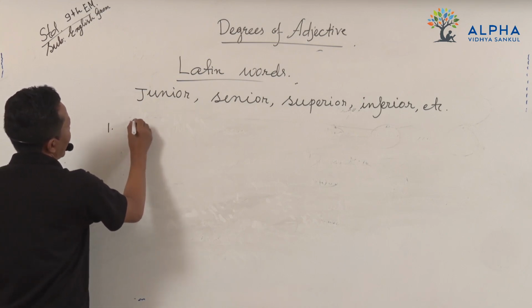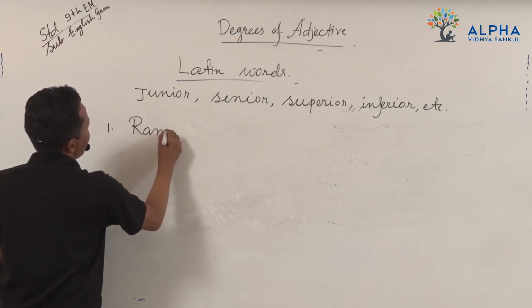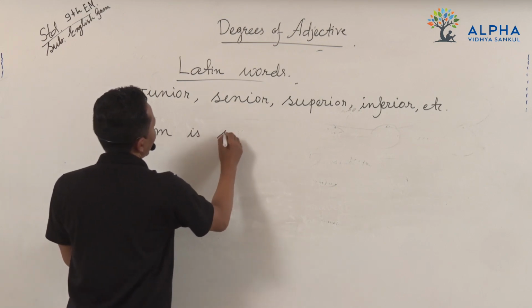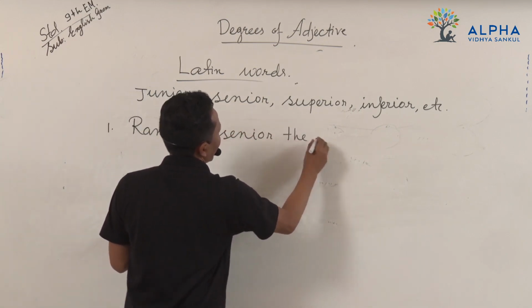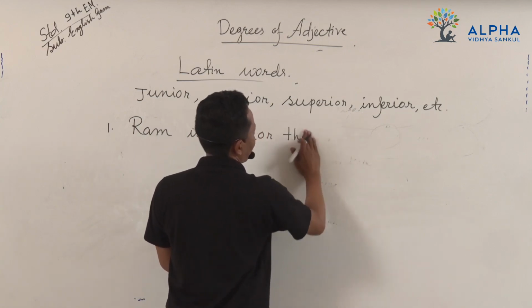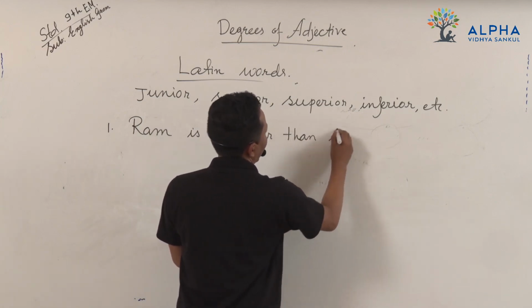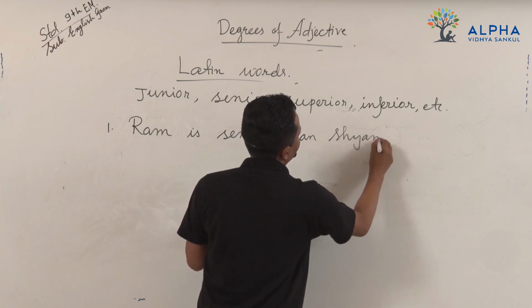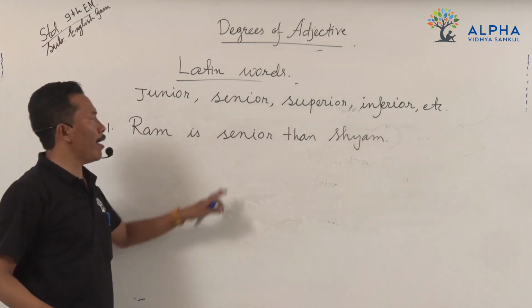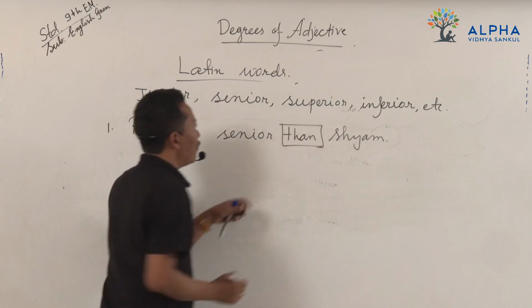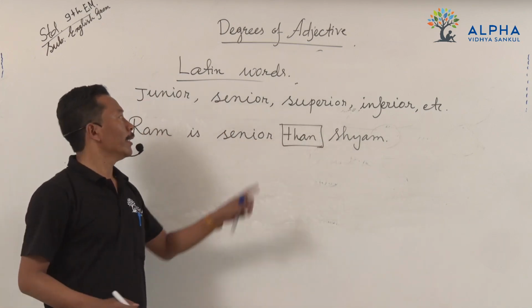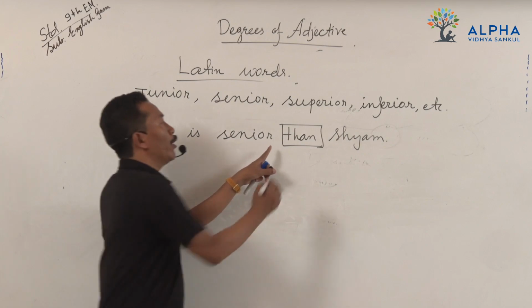if we say Ram is senior than Sam, now, can you find any error or mistake here? Yes, here is the mistake. We have learned that for the comparative degree, just after the comparative degree we use than.